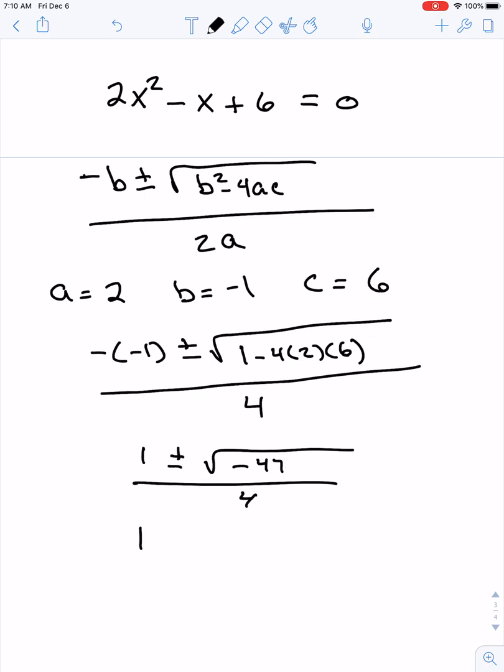So we're going to rewrite that as 1 plus or minus square root of 47i, because remember i is equal to the square root of -1, and then each is over 4. Notice I separate these fractions because you want to be able to identify your real component and your imaginary component.